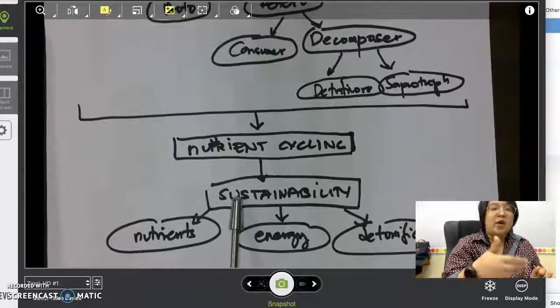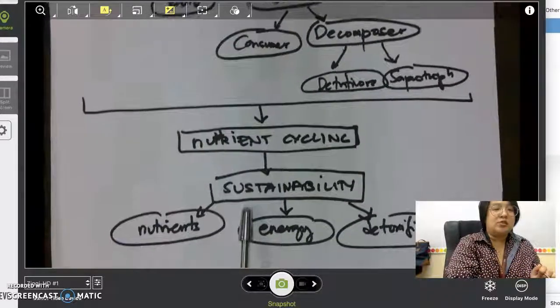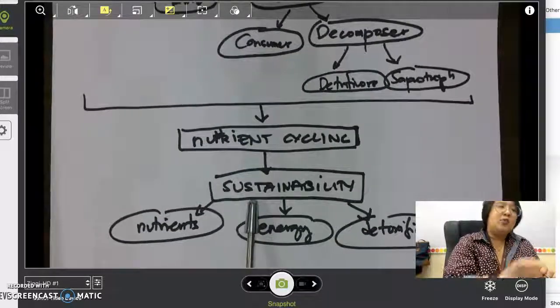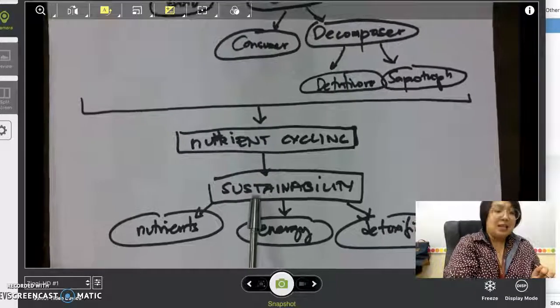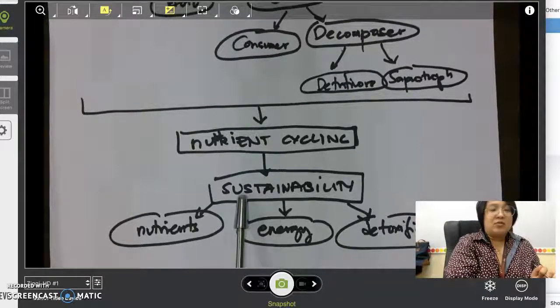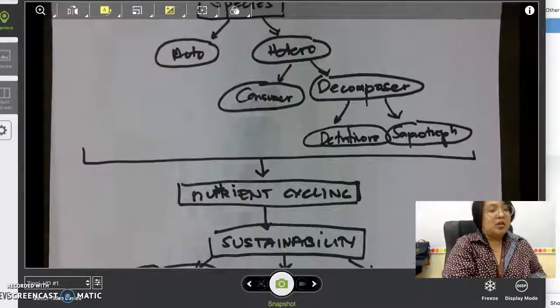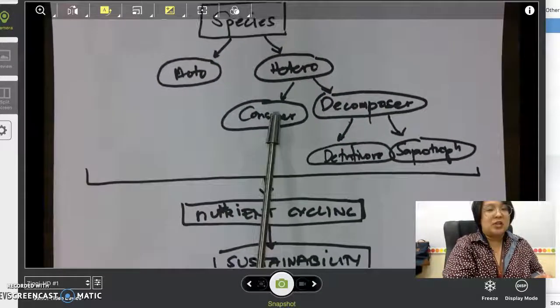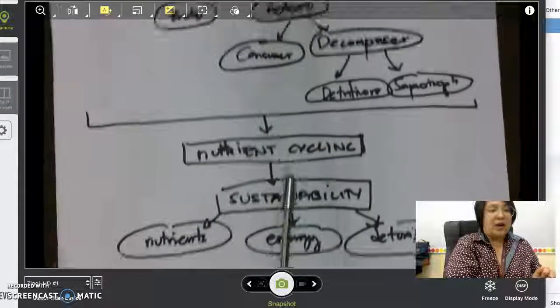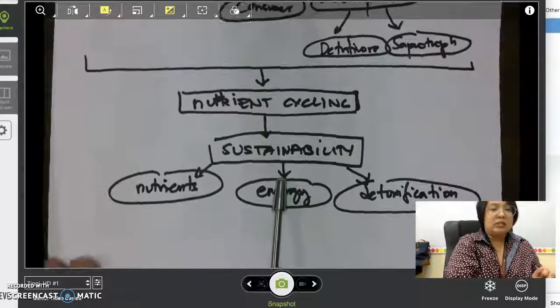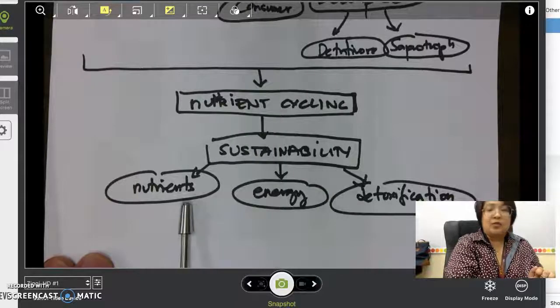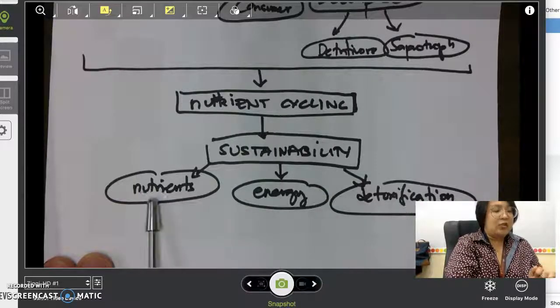It can go on and on for hundreds to thousands of years because all of the nutrients that are needed in the ecosystem are provided by exchanging them between your species or between the species and the environment.